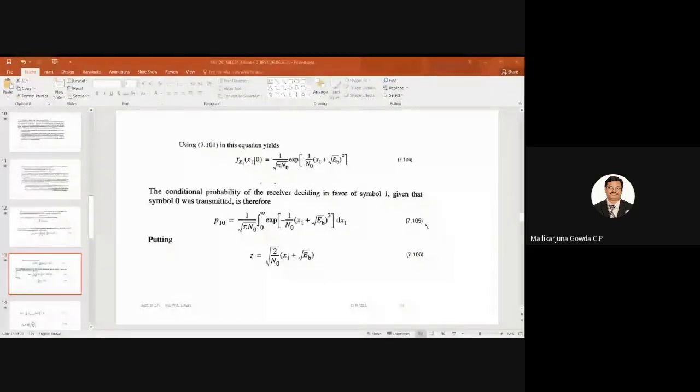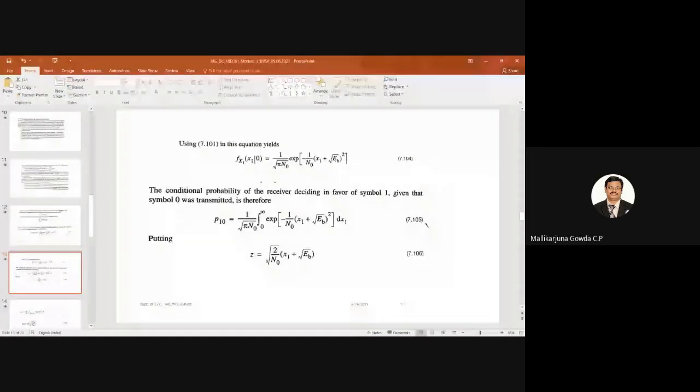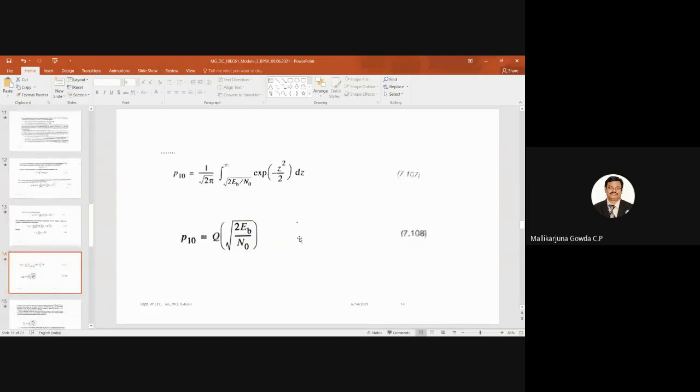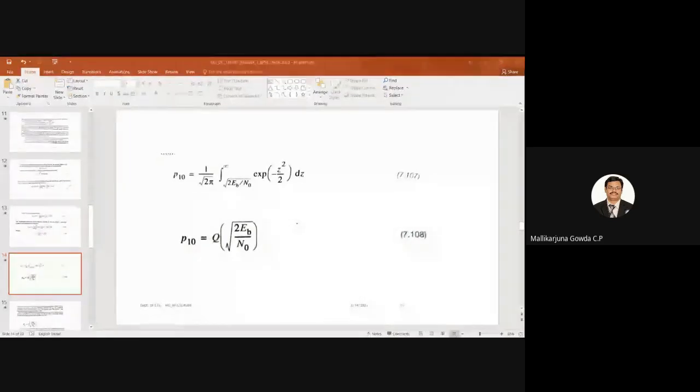So now, just what I said, I am letting z is equal to this, square root of 2 by n naught of x1 plus root Eb. And what I said, I will be changing the variable of integration from x1 to z in this expression. So by doing so, I can write the expression in a very compact manner. Which is equal to what?